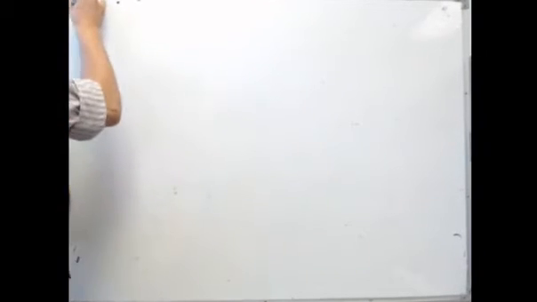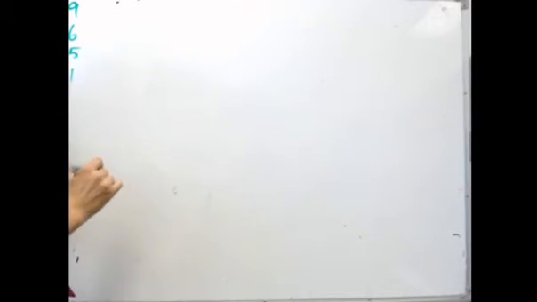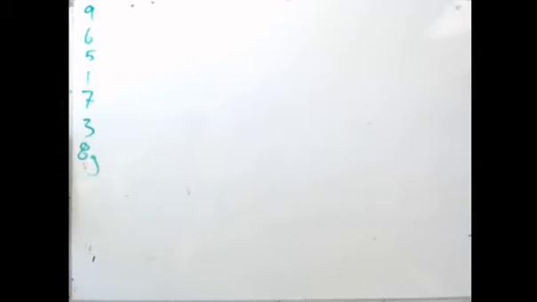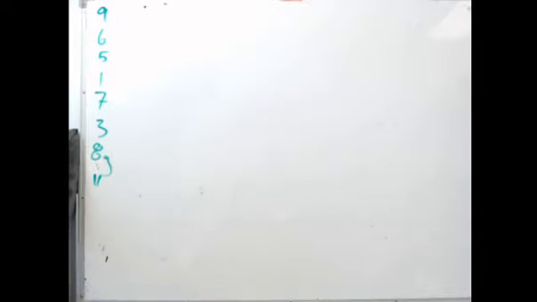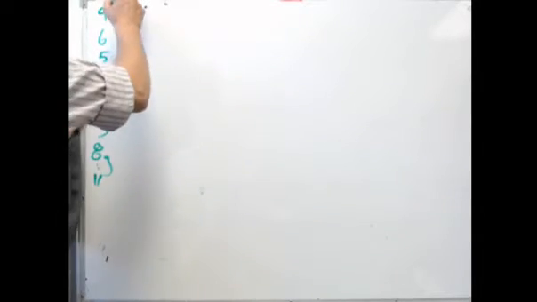So, what questions from homework 5 do we want to look at? 9, 6, 5, 1, 7, 3, 8 part G. What else do we got? 11. Okay, that seems like a good start.